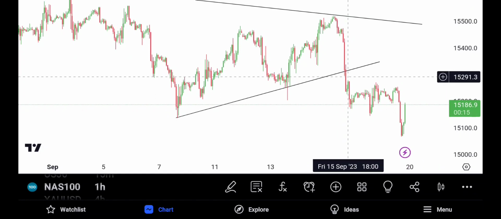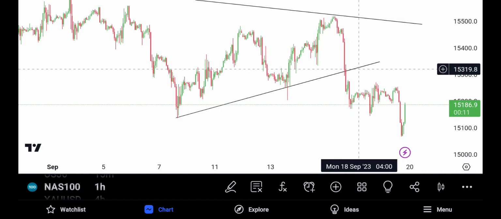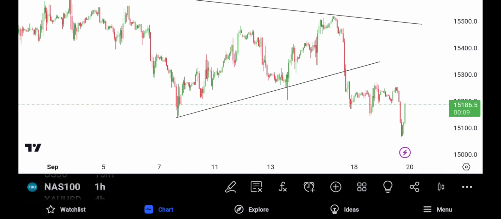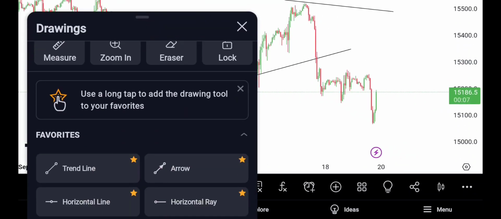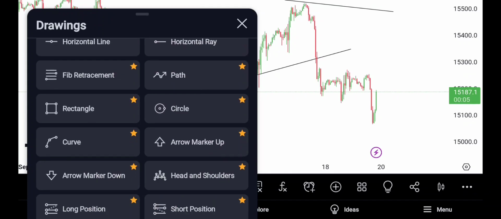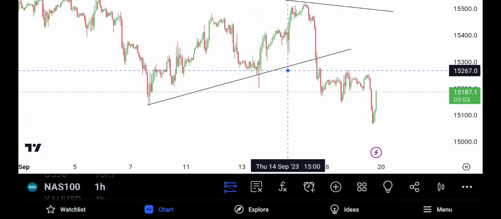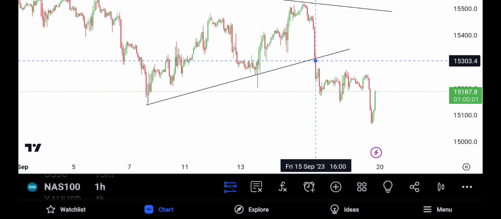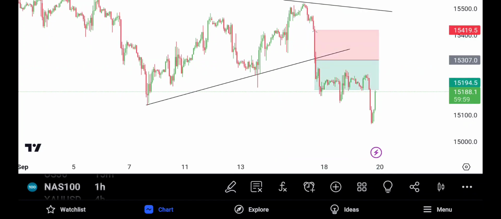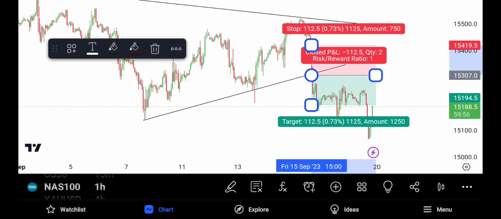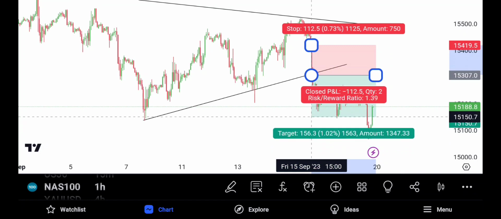Now if you are the trader that always waits for the retest, unfortunately this would not have been your setup. But with the high and low strategy, as soon as the market breaks out of the trend line, listen to me carefully, you're going to enter. Then you make sure your take profit is at the lowest low of that trend.